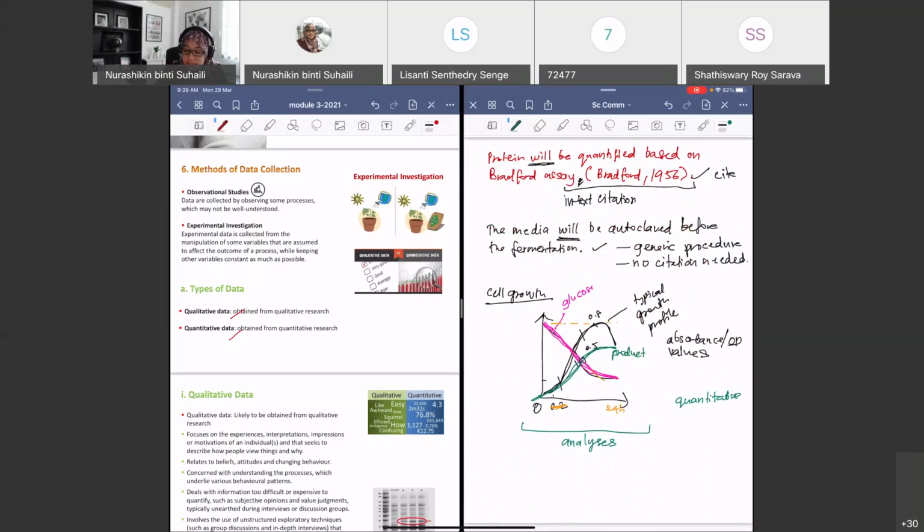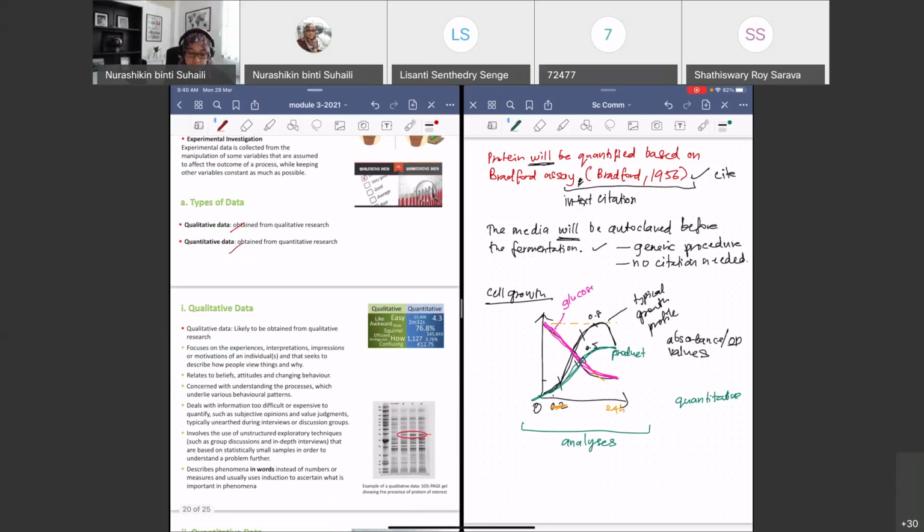If you don't take note of the numbers, and you just observe and record the culture color, which is not correct, then although you have done your experiments, the way you collect the data is not correct and your interpretation is not correct. You might not get the conclusion to your objectives. So that's the importance of identifying the types of data.